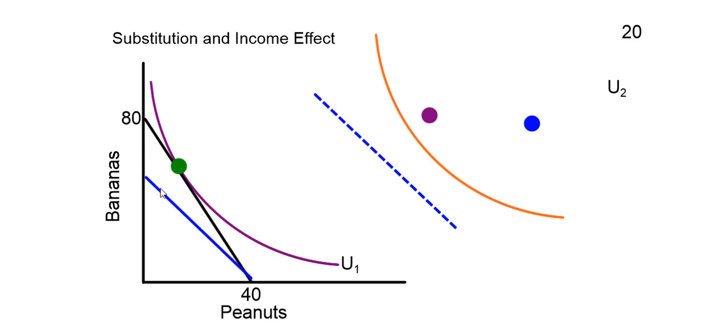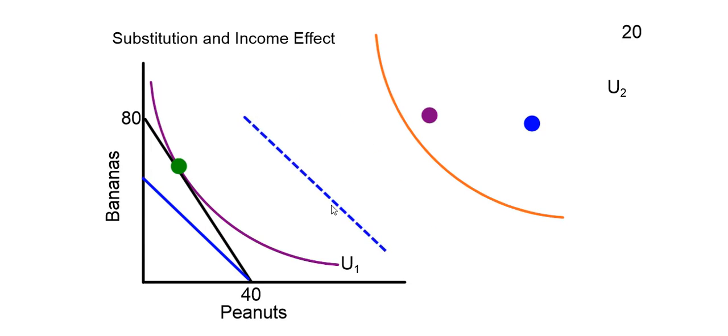Now, in order to compute the substitution effect, we want to draw a budget constraint, sort of a phantom constraint, parallel to the new budget constraint here based on the higher price of bananas, but on the original indifference curve. So that's going to put us somewhere about right there. And we want it to be tangent to the original indifference curve. And that's going to move us to a point about right here.